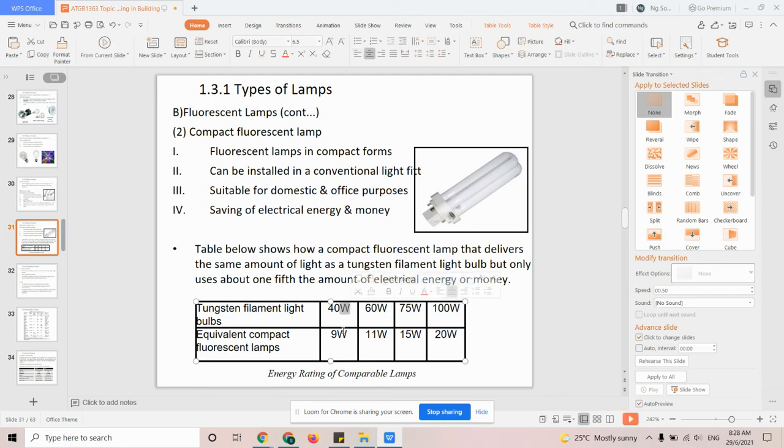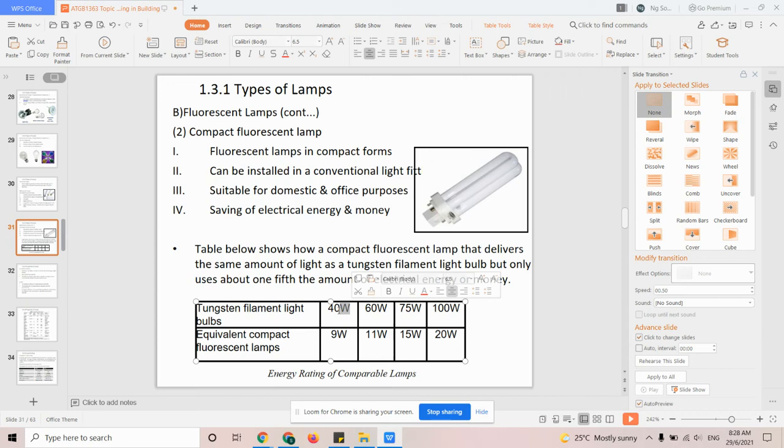So this watt is the SI unit or the value to represent how much energy is needed to operate this light. The higher it is does not necessarily mean the worse it is. It just means it takes more energy to run.